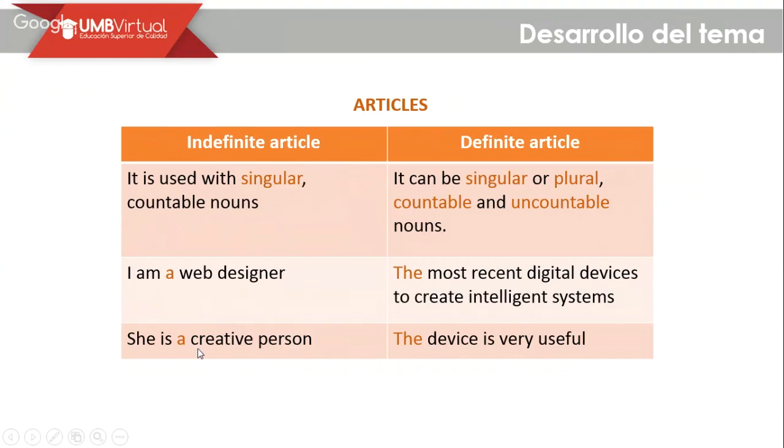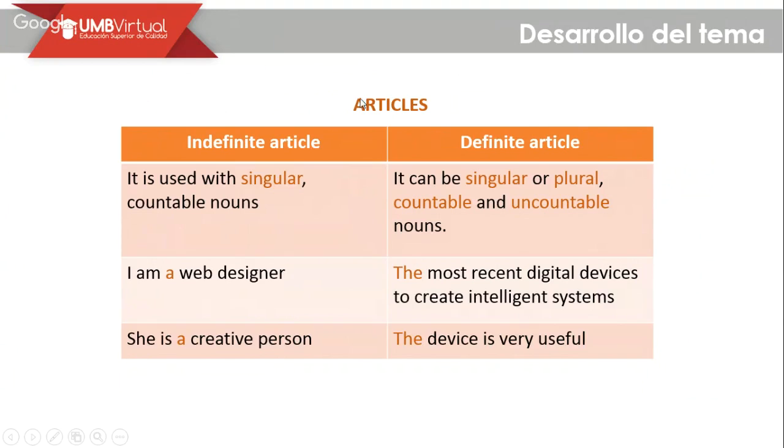Recordemos si nosotros tenemos acá una palabra que comienza con un sonido vocálico, como por ejemplo elephant, vamos a decir it is an elephant. Vamos a agregarle la N antes de ese sonido vocálico porque es una regla en inglés que se ajusta a esta gramática que hace referencia a los artículos.